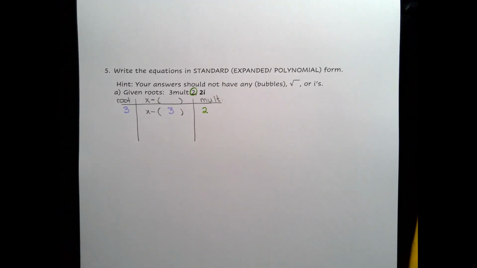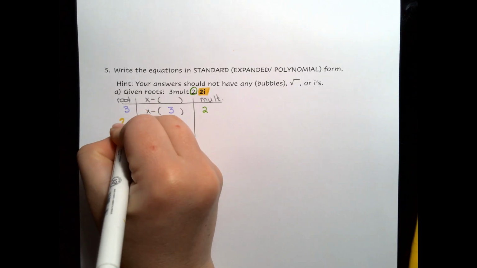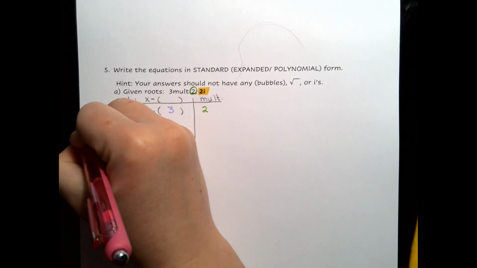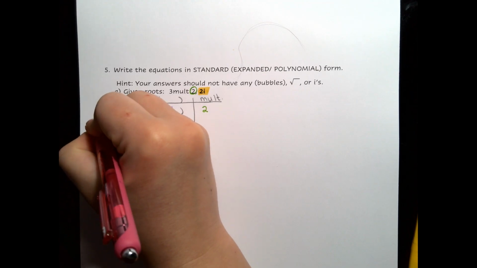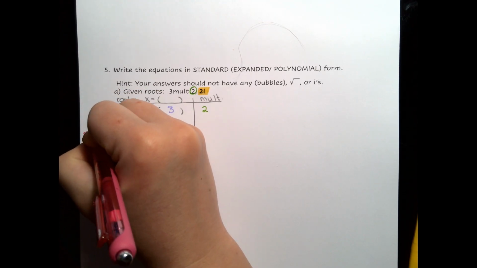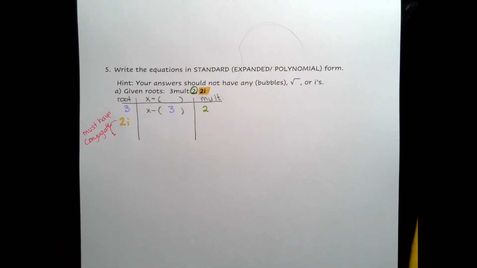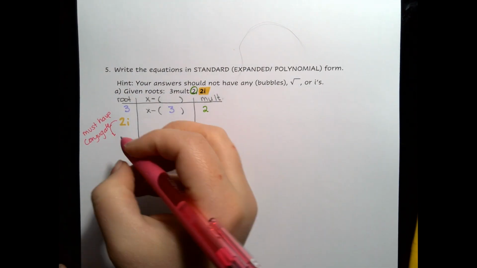Next, I have a root of 2i. And this one comes with an alert. This must have a conjugate. If you don't have a conjugate, it's wrong. Okay, you're missing half of it. You're missing 50% of it.